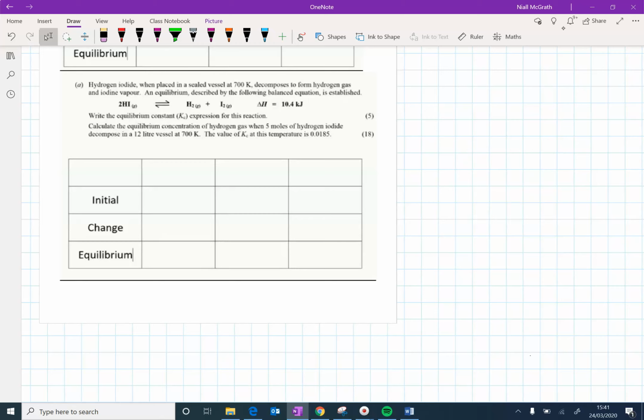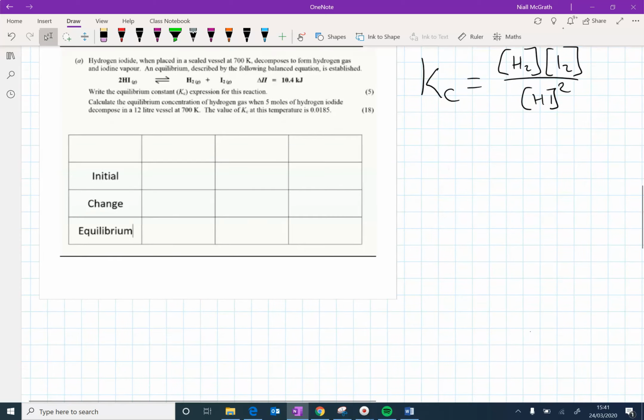So to write the equilibrium constant for that reaction, and that's our expression for Kc.